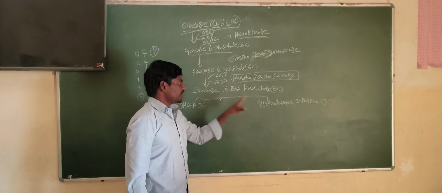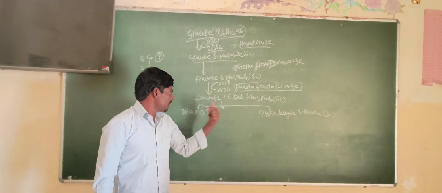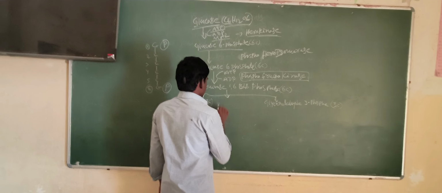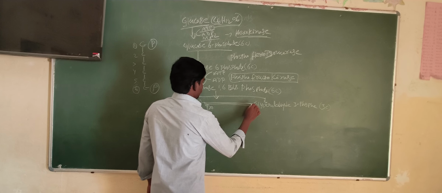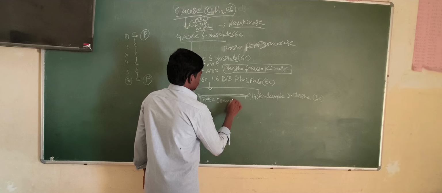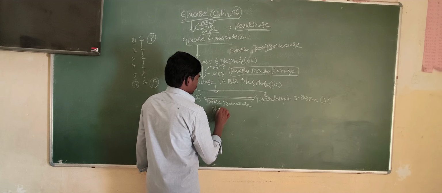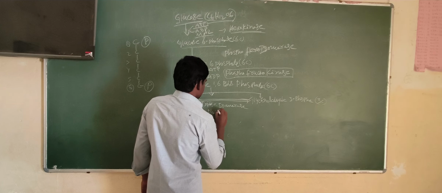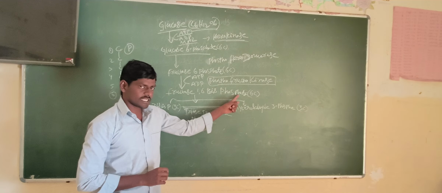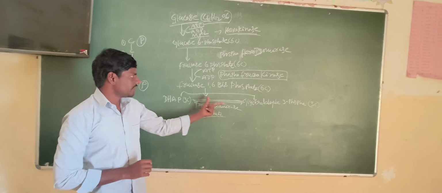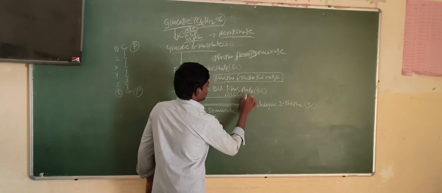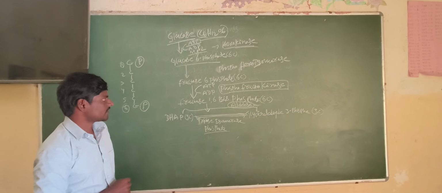Sometimes DHAP is converted to glyceraldehyde 3-phosphate, and glyceraldehyde 3-phosphate is converted to DHAP, in the presence of the enzyme triose phosphate isomerase. Fructose 1,6-bisphosphate is bifurcated into two molecules of triose phosphate by the presence of the aldolase enzyme.